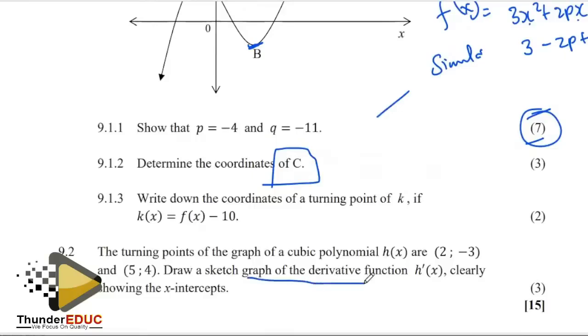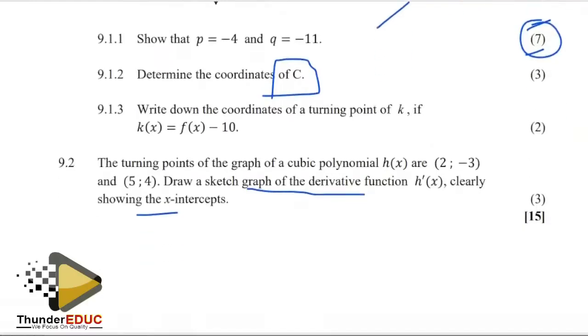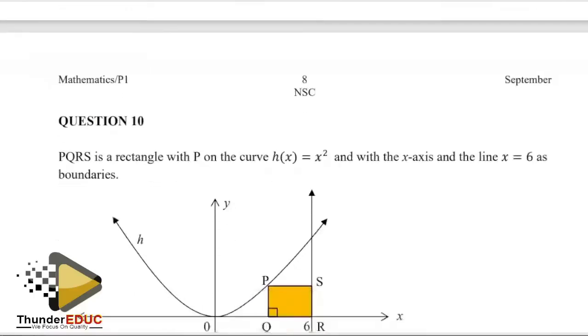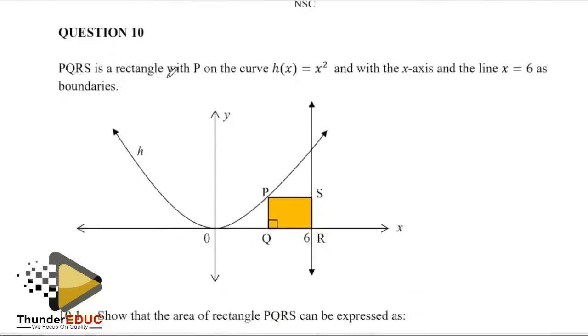Then they ask you to draw the graph of a derivative, clearly showing the intersection. Remember, we said the derivative is going to be a quadratic. So that is that. Then you have question 10. PQRS is a rectangle with P on the curve h of x equals x squared, and all of that. x is 6 with boundaries.